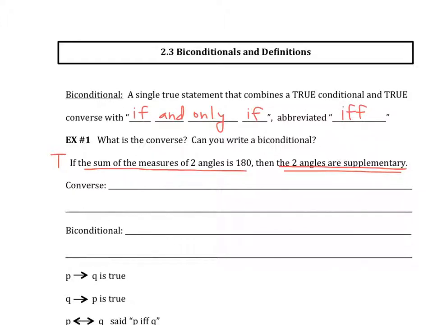Now, if the converse is also true, then we can write a biconditional so that it's one statement that says it all, okay? So the converse of this would say what? Yeah, Daniel. If two angles are supplementary, then their sum is 180.